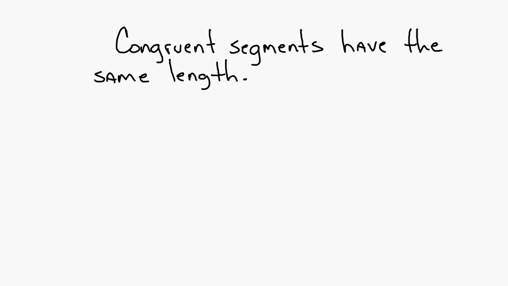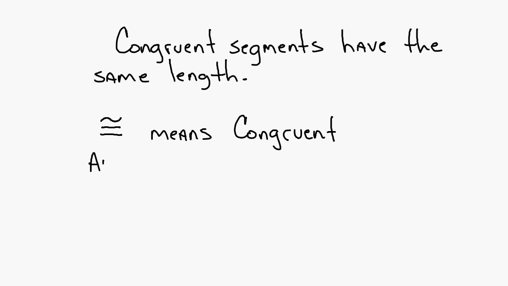This symbol right here, the equal sign with a little squiggly line over the top of it, means congruent. If you said AB is congruent to BC, that's how you would read that. AB is congruent to BC.